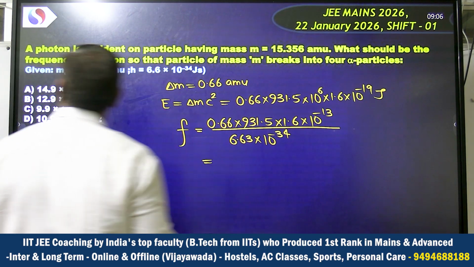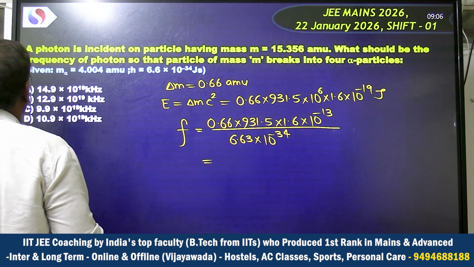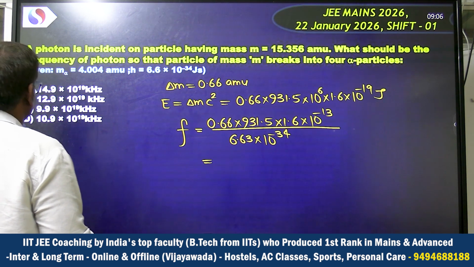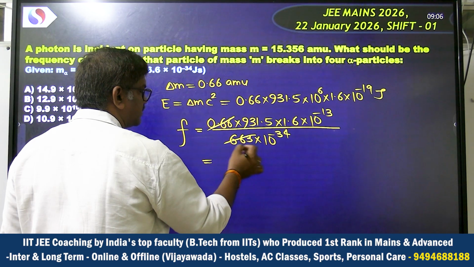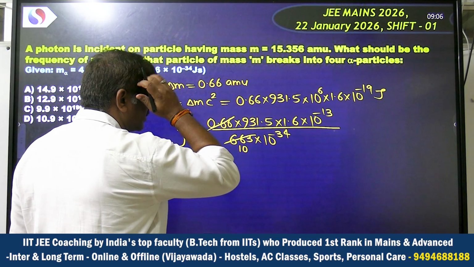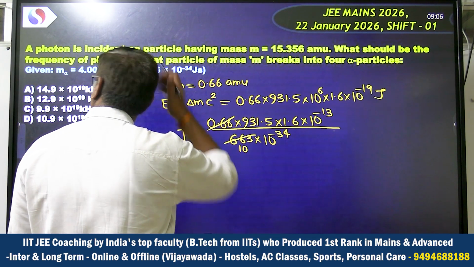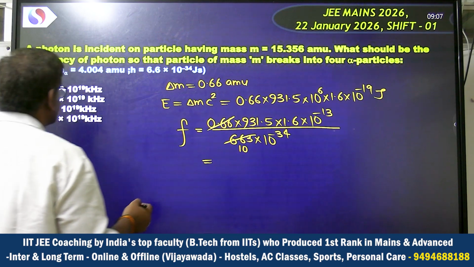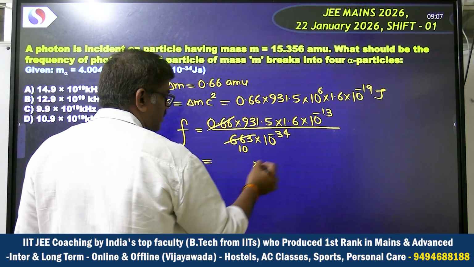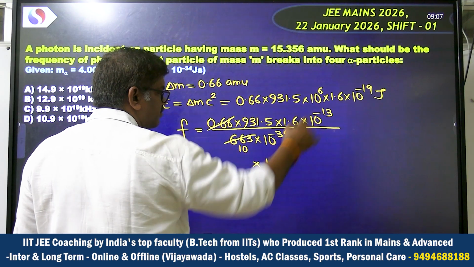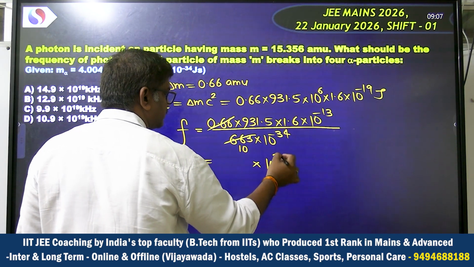A little calculation is required here. Just do this calculation. It is approximately 931 into 16, coming to 14.9 into 10 to the power minus 19, and the power goes to 21.